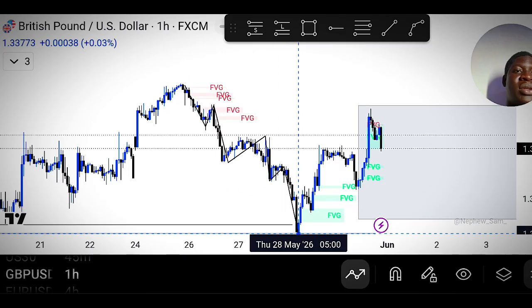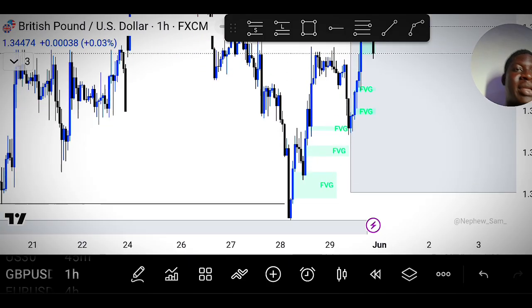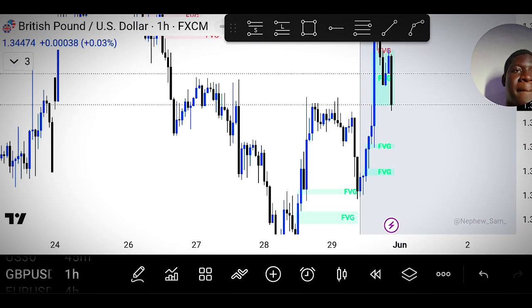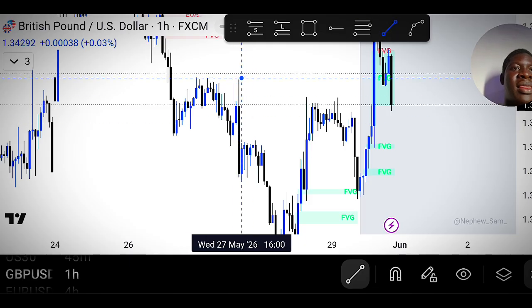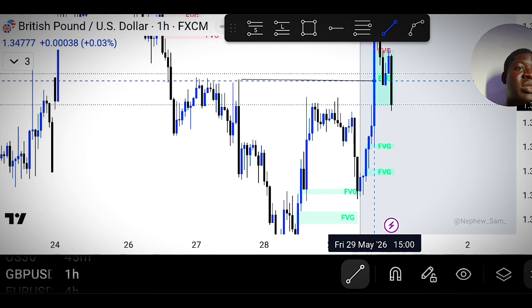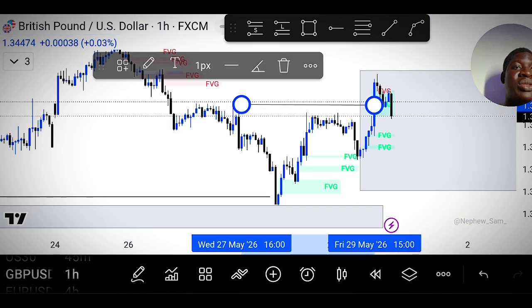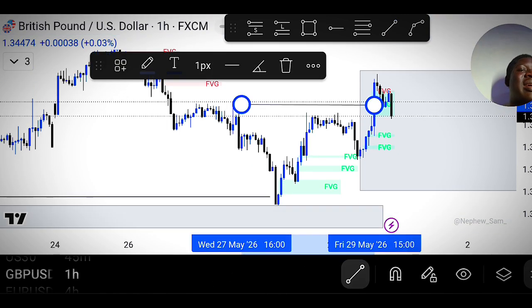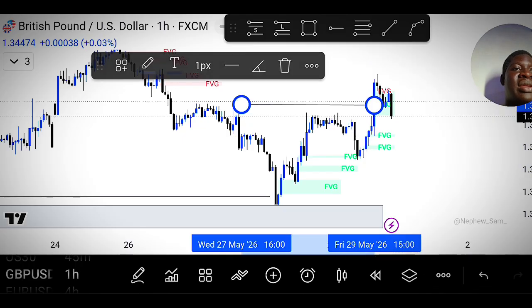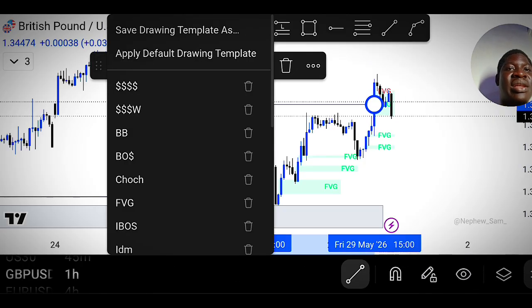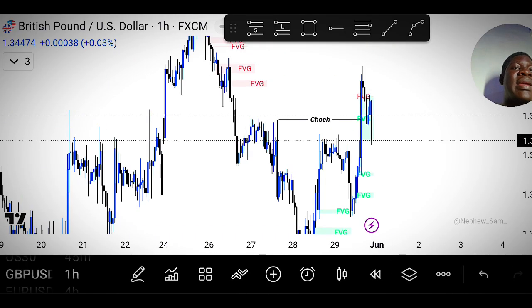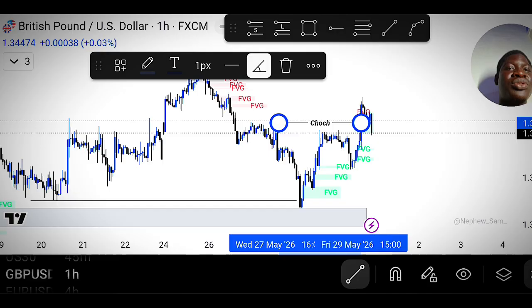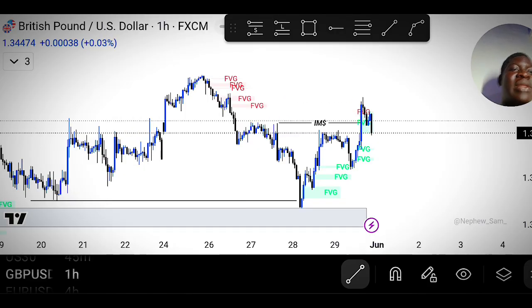And this is our eye. As you can see, the market changed character at this area. That is what we call the internal market structure shift.